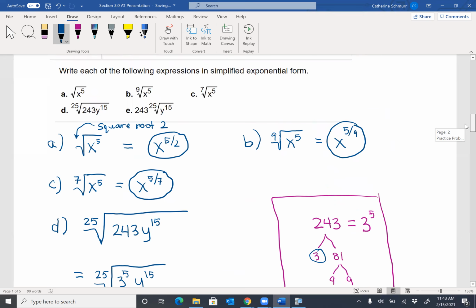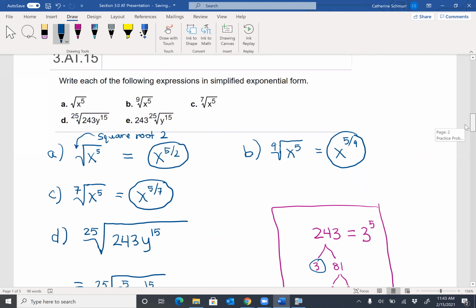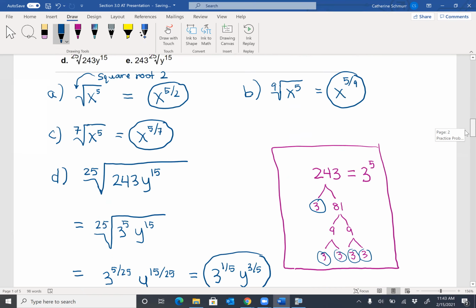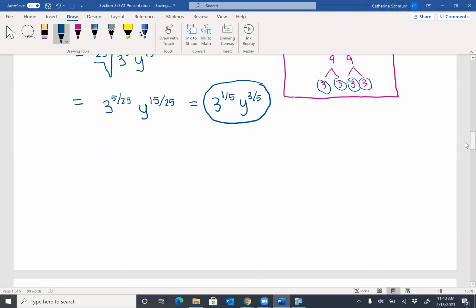All right, part E, 243 times the 25th root of y to the 15.